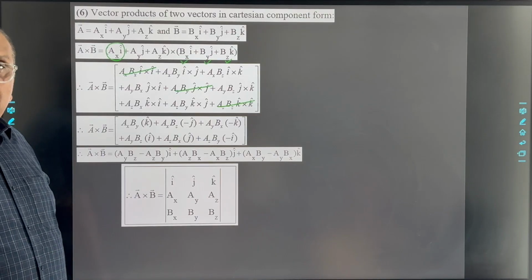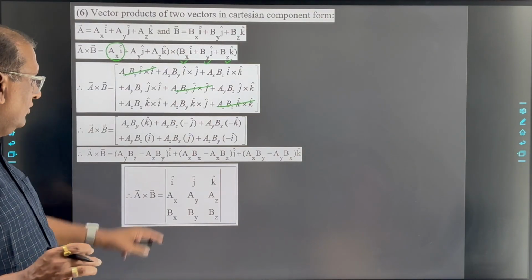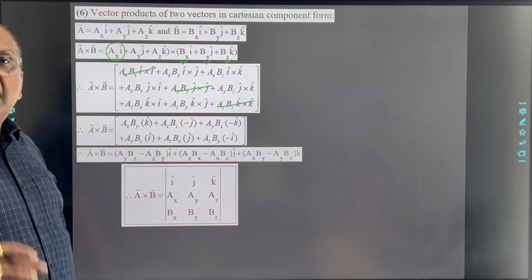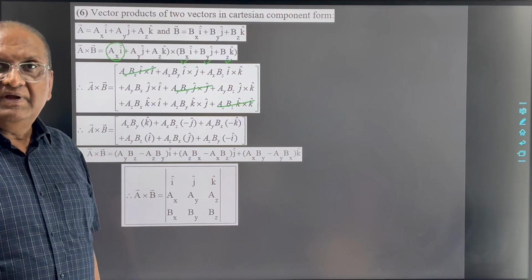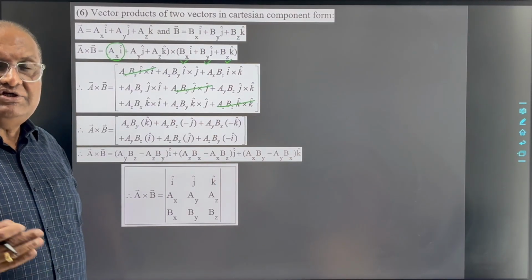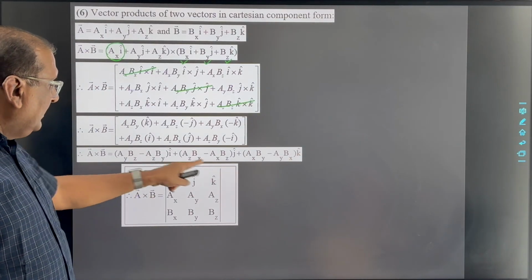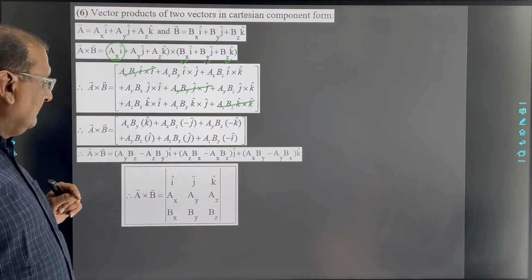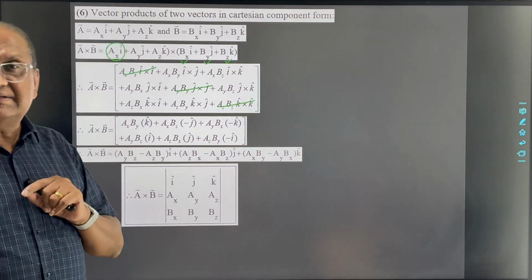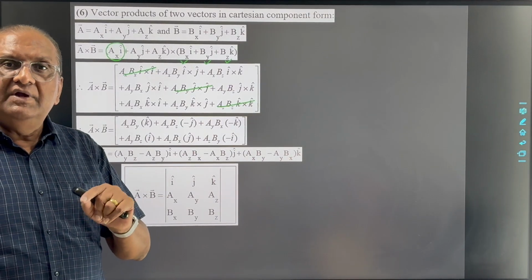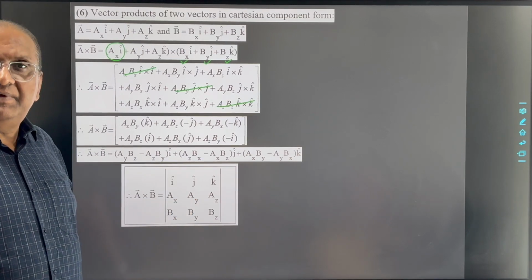Now mathematics students know what a determinant is and how to solve it, but biology students don't know, right? So if you remember it in this particular manner, then you have to understand how to solve this determinant.